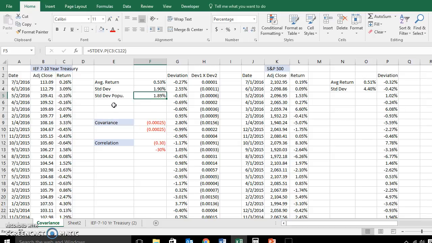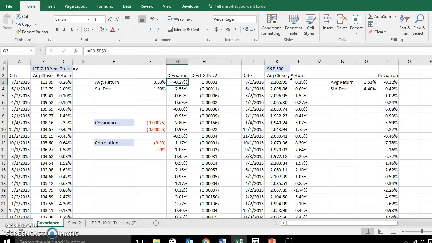I just wanted, not to confuse you, but to demonstrate that when you have sample values, not the full population, then mathematically the correct way is to use S for sample, and when you have the entire population, you have all the values, so you can use P. All right, let me just delete this. So now we have standard deviation, we have the deviation of monthly return.